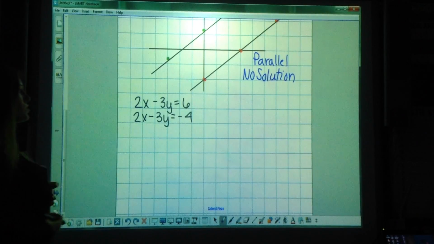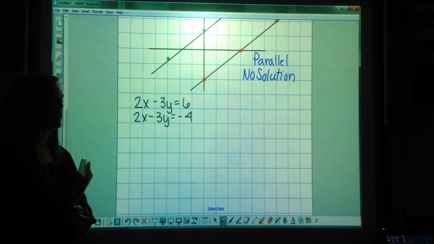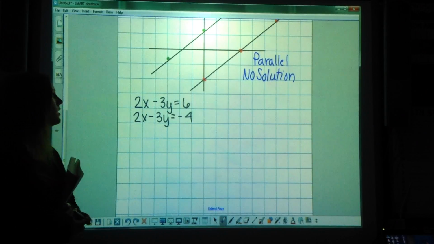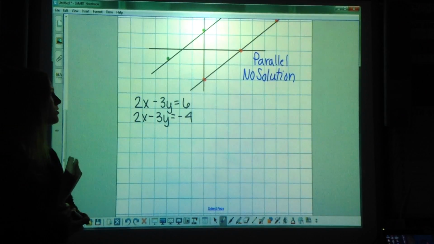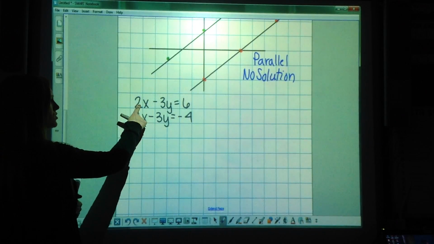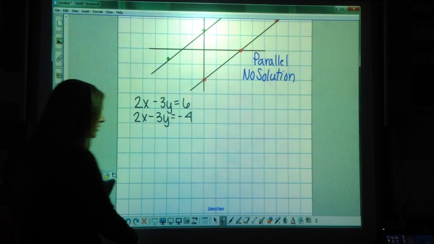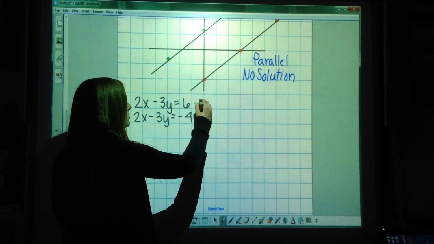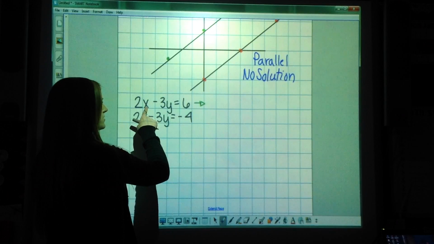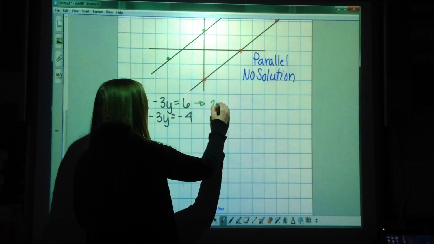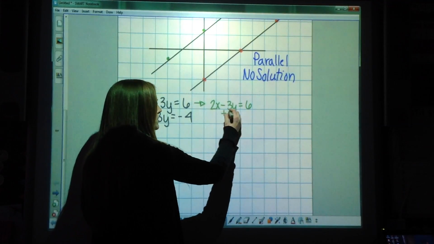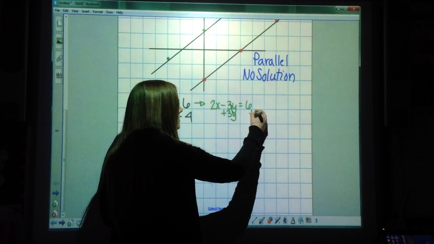All right, substitution is where you need to solve for a variable. All of these variables have coefficients, so I'm just going to pick this x. So I want this x to be by itself. I'm going to bring 3y to the other side.